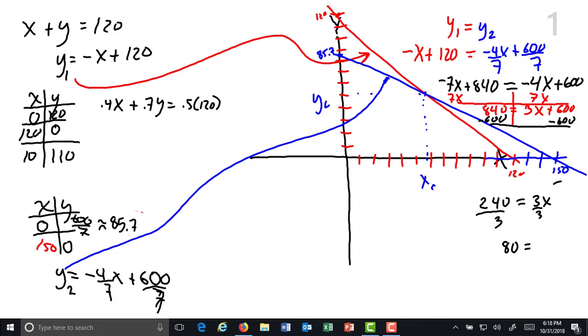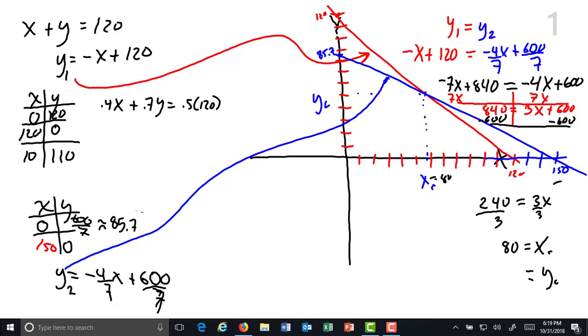80. So that's what this point is here. You can see 10, 20, 30, 40, 50, 60, not too good. But now that I've got the x critical value, I'd like to find the y critical value. The y critical value, we can plug either into y1 or y2, we plug in the x.